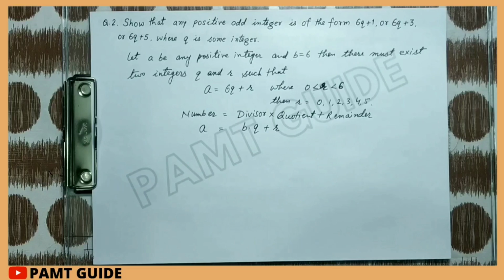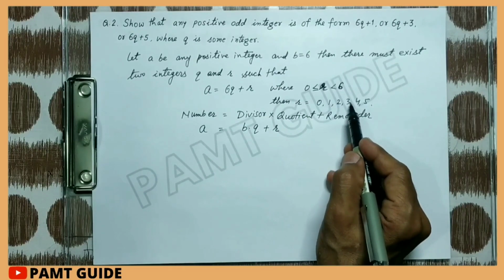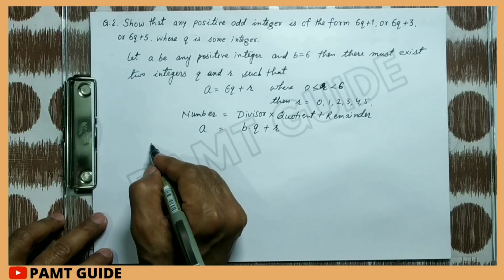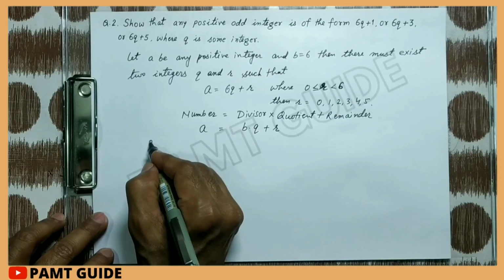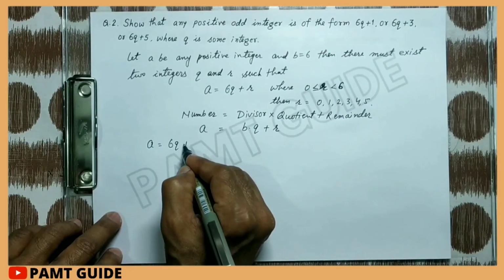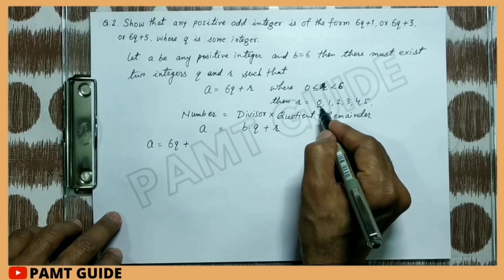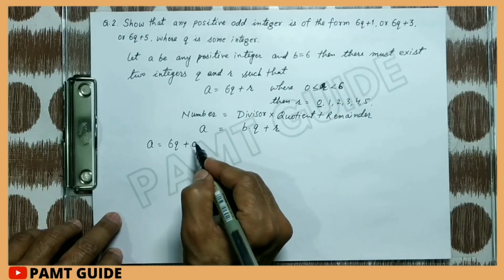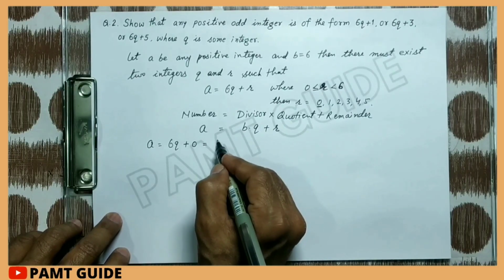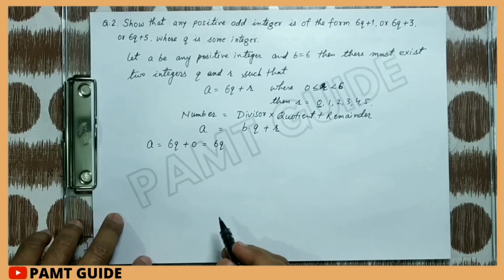And we know that when we divide any number by 6, we have remainder 0, 1, 2, 3, 4, 5. So understand it. a will be equal to 6q, and the first remainder is 0. So 6q plus 0, and we can write 6q plus 0 as only 6q.